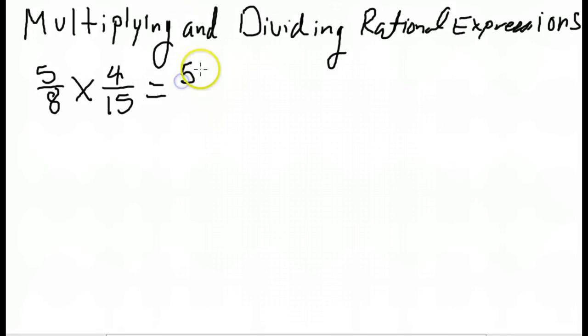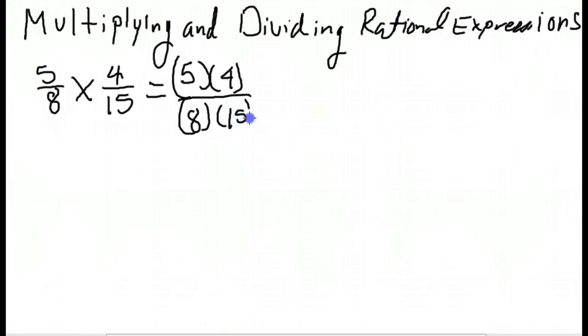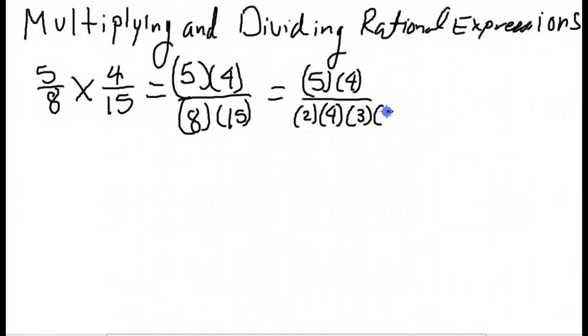So I could write this as 5 times 4 over 8 times 15. I'm going to factor the 8 now, 2 times 4, and I'm going to factor the 15, 3 times 5, and I'm going to cross off factors top and bottom, so canceling. 5 goes into 5, 4 goes into 4.